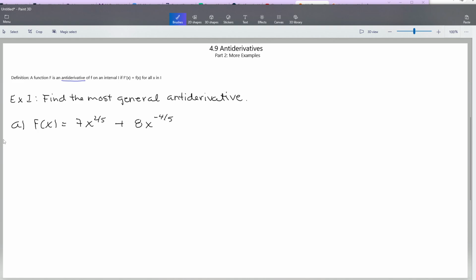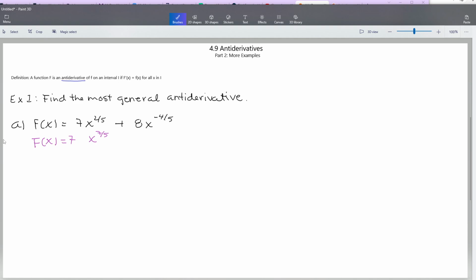Okay, so remember when we have a power function like this, we're going to be using the idea of the power rule. So we know that the exponent is going to be one larger here. So that would be 7 over 5. And then when we do that, we want the answer to be 7.